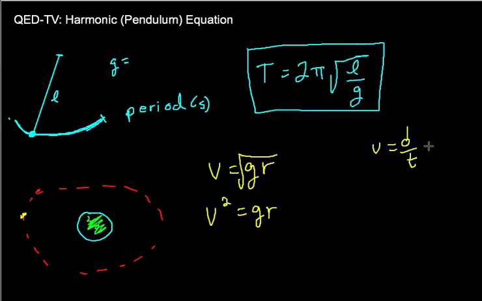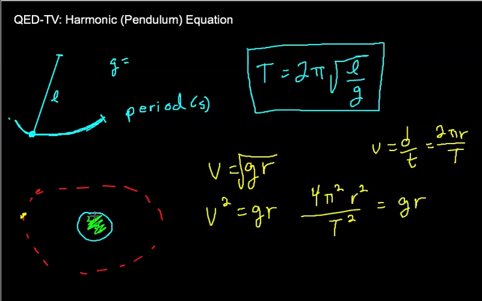The distance, of course, around a circle is 2 pi times the radius of the orbit, and that would all be over T. So if I plug this in for my v, and I square everything, I'm going to get 2 squared would be 4, pi squared would be pi squared, r squared would be r squared, all over the period squared would be T squared, and that would equal g times the radius of the orbit.